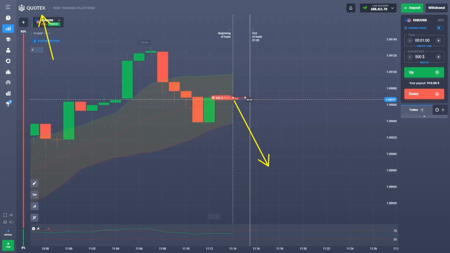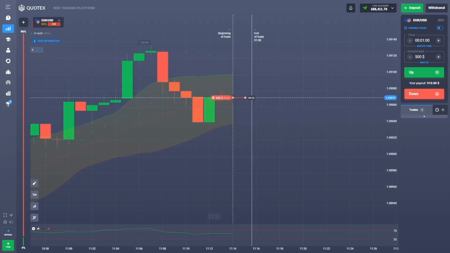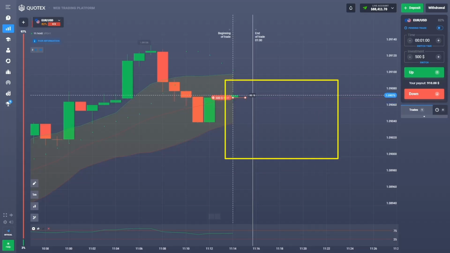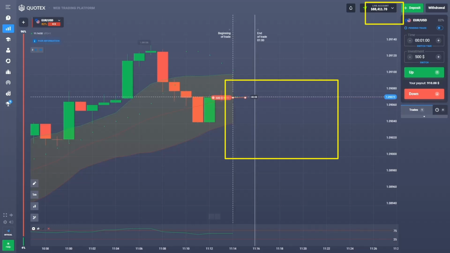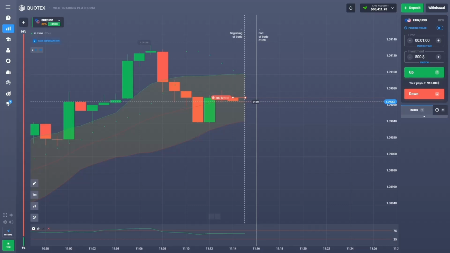I use the same strategy that I use on IQ Option here on Quotex, and hopefully I will make at least the next 9 or 10 candles. I know the exact colors. I know how to trade all the colors, all the candles, and I'll try to take the max profit. We're starting at $88,000, and from $88,000, I guess we will make at least $2,000.